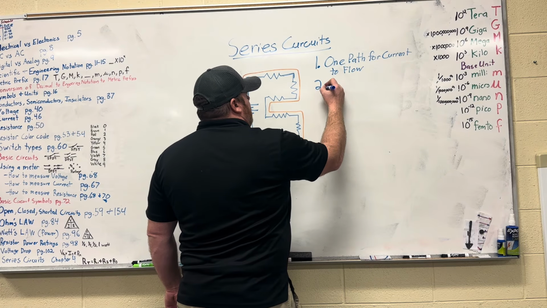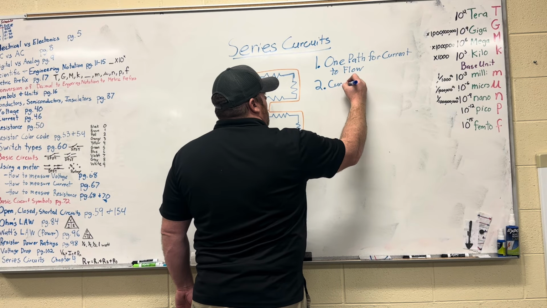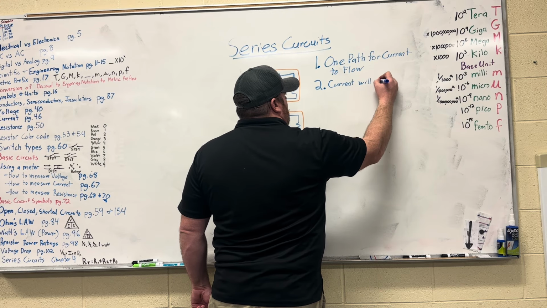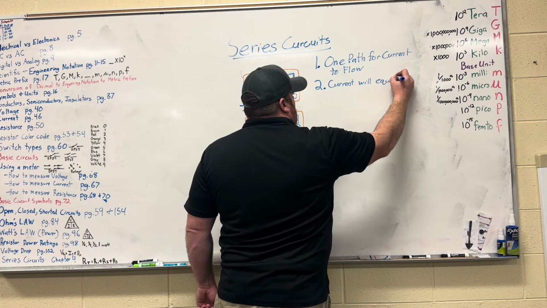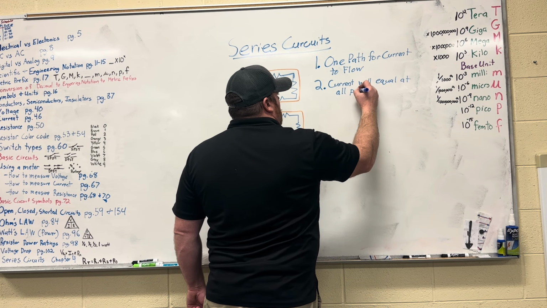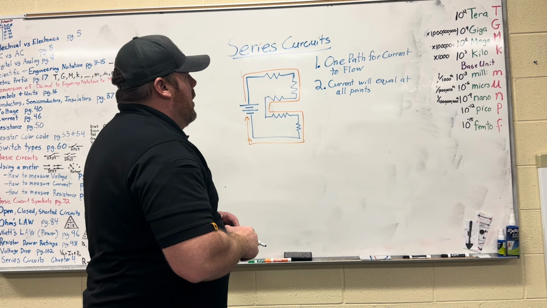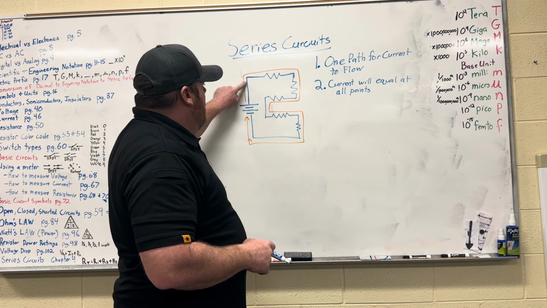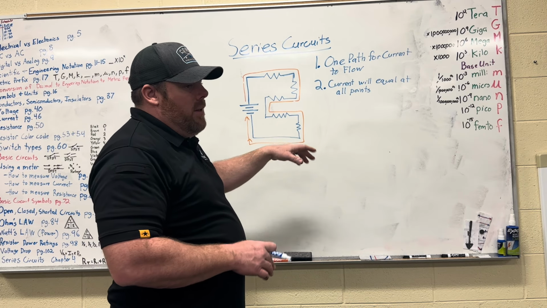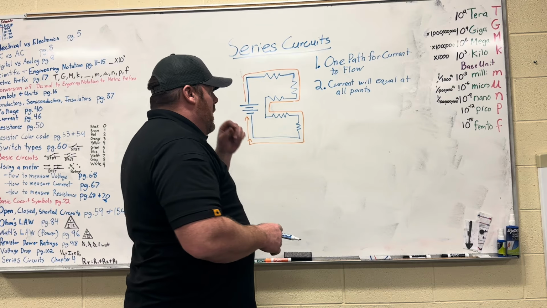Number two is that the current will be equal at all points. This is only true for a series circuit, but no matter if I measure the current here, here, here, or here, it doesn't matter. It's going to read the same amount of current at any given state.